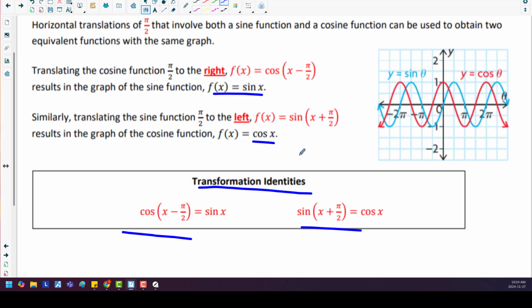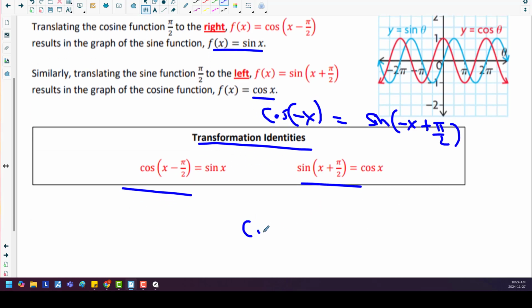So instead of cos x, we're going to write cos of negative x, and that's equal to sine of negative x plus pi over 2. Here, let's write it over here.